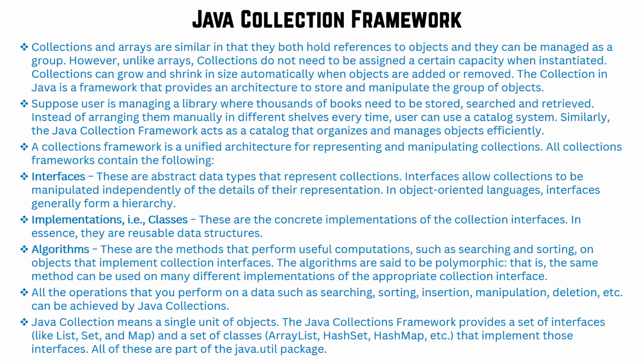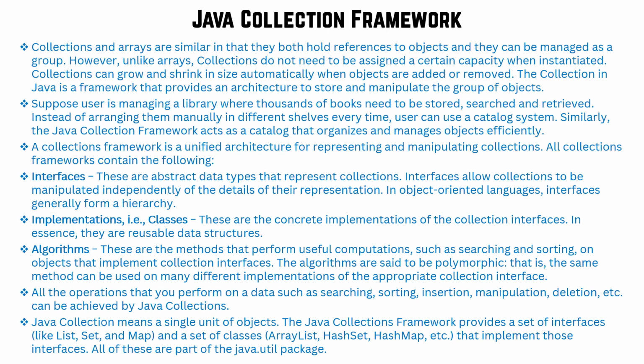However, unlike an array, a collection does not need a certain capacity assigned when instantiated. For an array, once you define the size, you cannot change it, and it will show you the error ArrayIndexOutOfBounds. But a collection takes a dynamic size. If you add 5 elements, the size will be 5; if you add 10, it will be 10; if you reduce it to 3, it will be 3. So a collection can grow and shrink in size automatically when objects are added or removed.